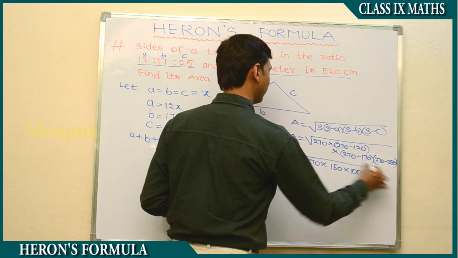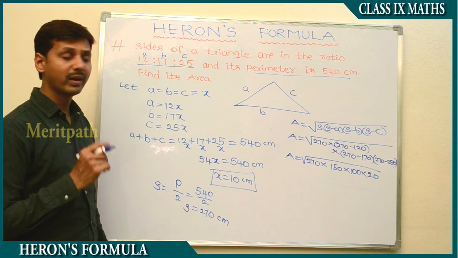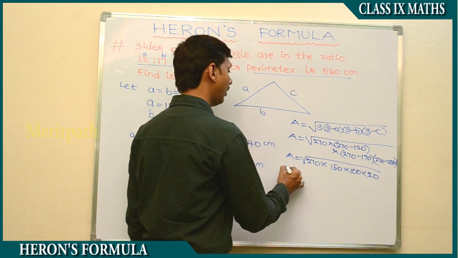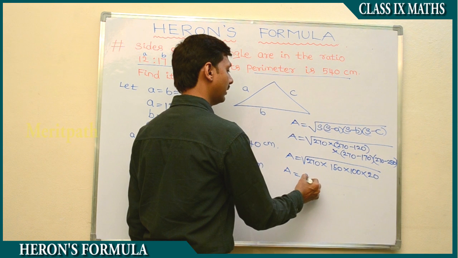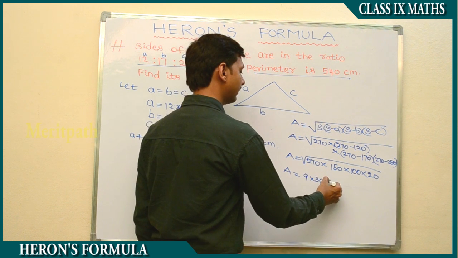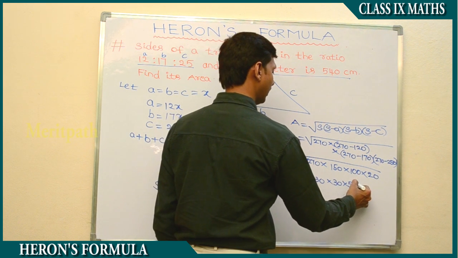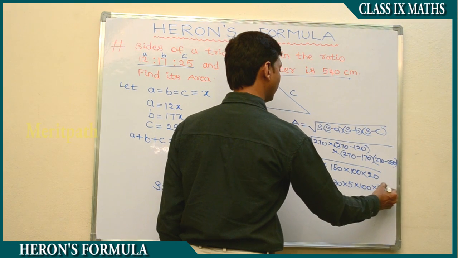So let's find the square root of all the numbers. We write 270 as 9 into 30, 150 as 30 into 5, 100 as it is, and 20 as 5 into 4.